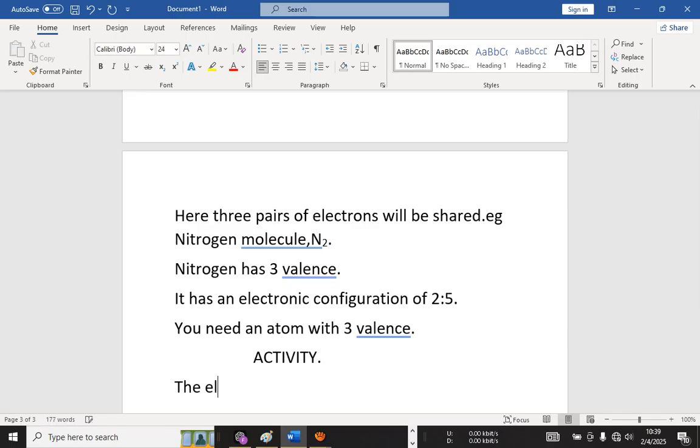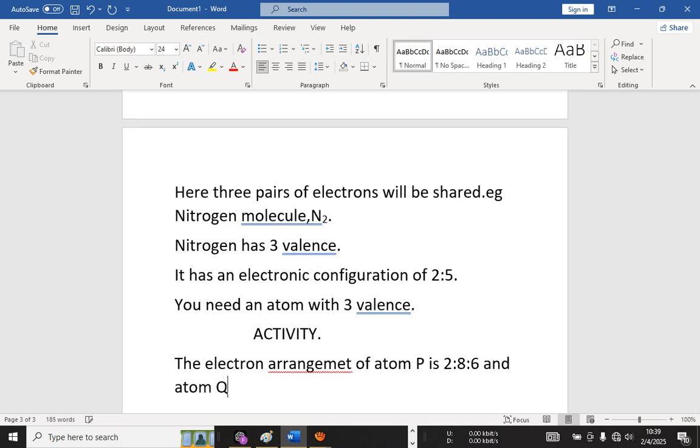The electron arrangement of atom P is 2, 8, 6, and atom Q has 4 valence electrons.